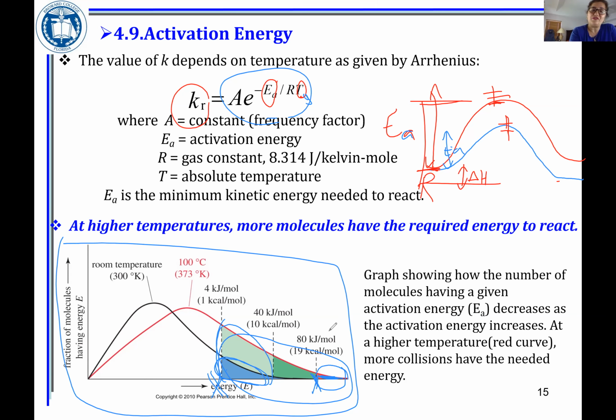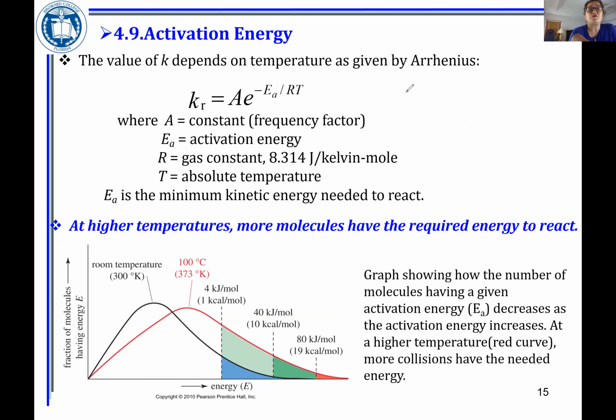So both factors, activation energy and temperature, affect the rate of the reaction. In general, the higher the temperature, the faster the reaction, and the smaller the activation energy, the faster the reaction. How does the shaded area translate to a faster reaction?